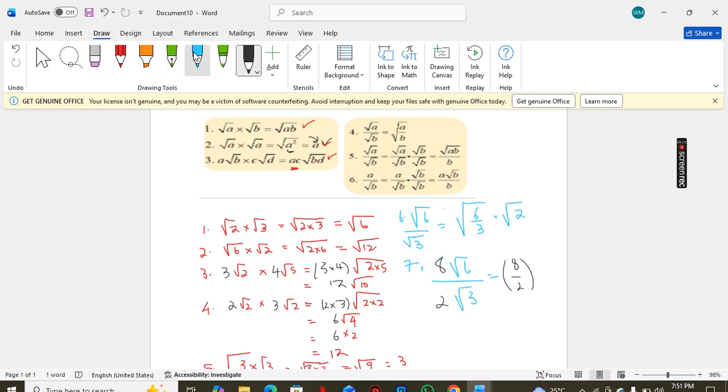Then for the surds, you have the root of 6 divided by 3. Okay. So 8 divided by 2, that is 4. 6 divided by 3, that is 2. So you get 4 root of 2. Okay. This is division of surds.